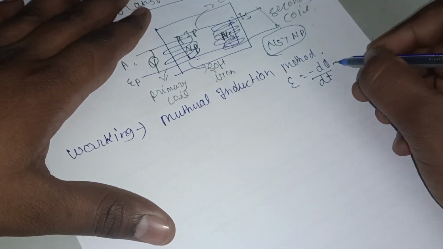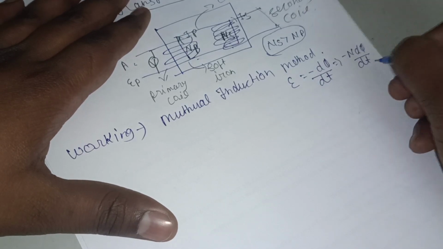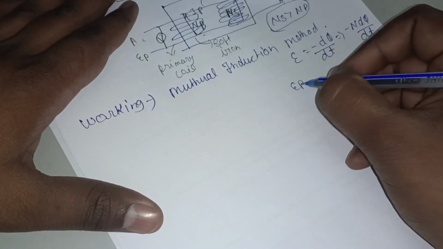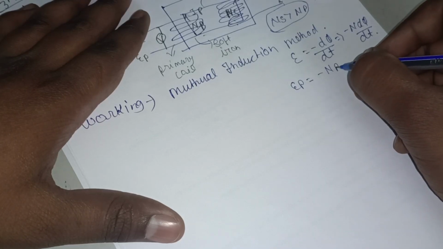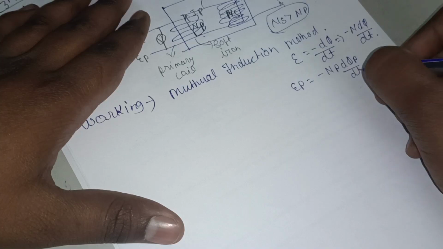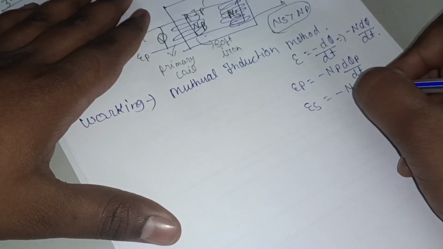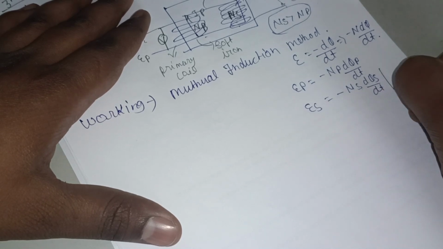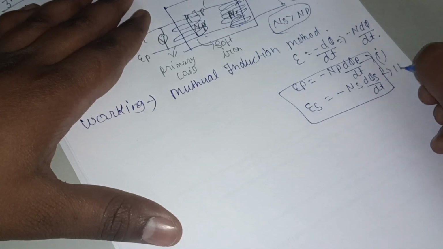Also you can write minus N d phi by dt. EP is equal to minus NP d phi P, primary, upon dt, and ES is equal to minus NS d phi S upon dt. Suppose this is the first one and this is the second one.